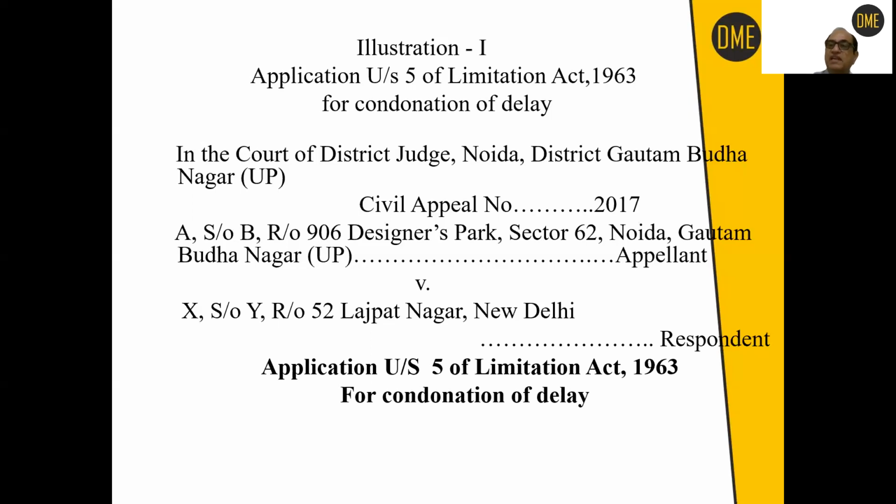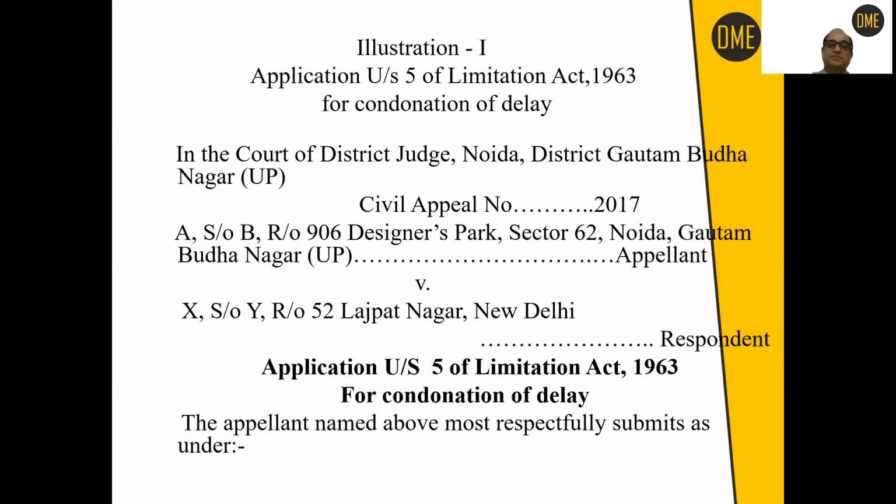For condonation of delay. This means that your time fixed for filing an appeal has already expired and now you want to gain extra time, which you have already utilized, on the grounds of sufficient cause being shown to the court. So this is an application under section 5 of Limitation Act 1963 for condonation of delay.